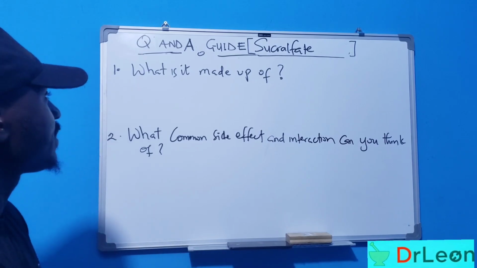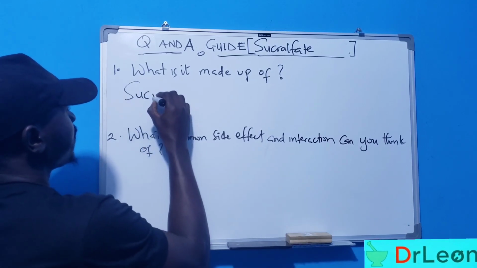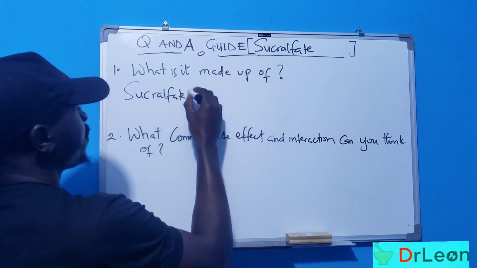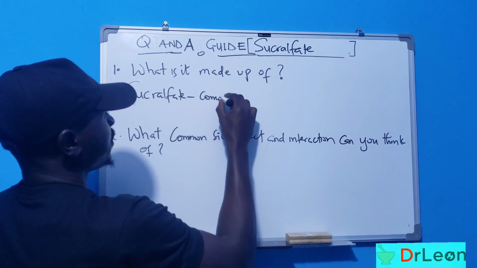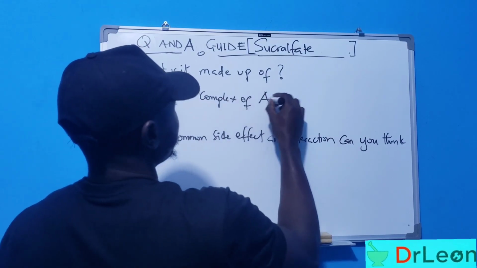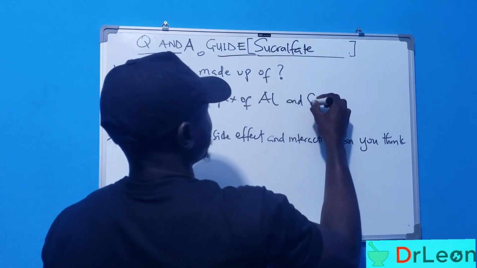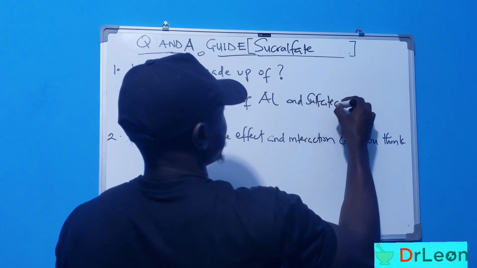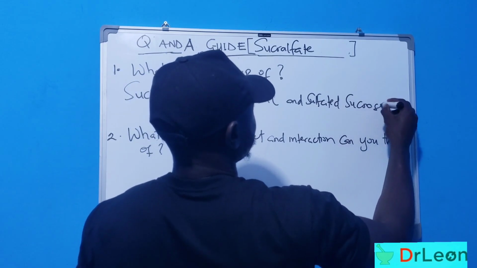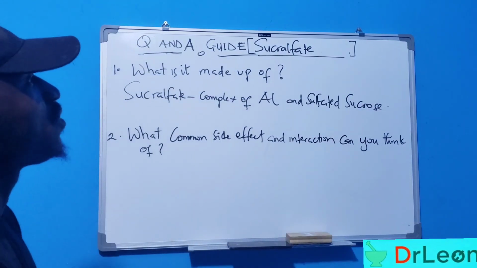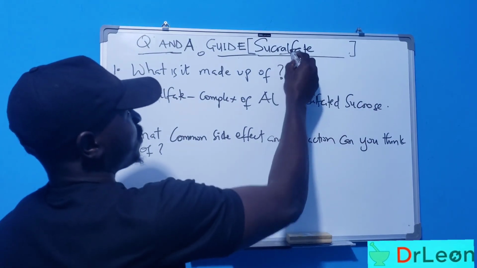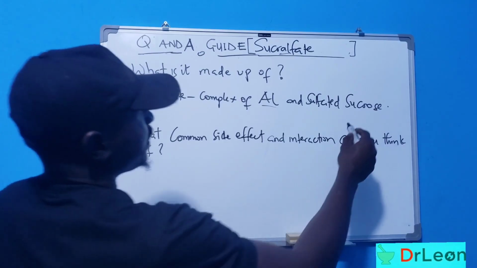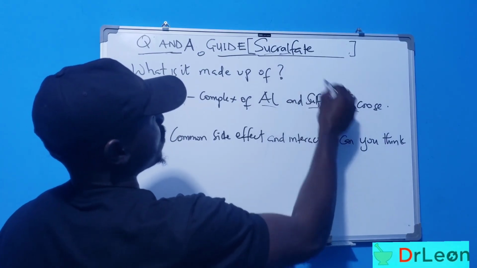So Sucralfate is made up of a complex of aluminium and a sulfated sucrose, hence the name Sucralfate. So aluminium and then sucrose and then the sulfate.